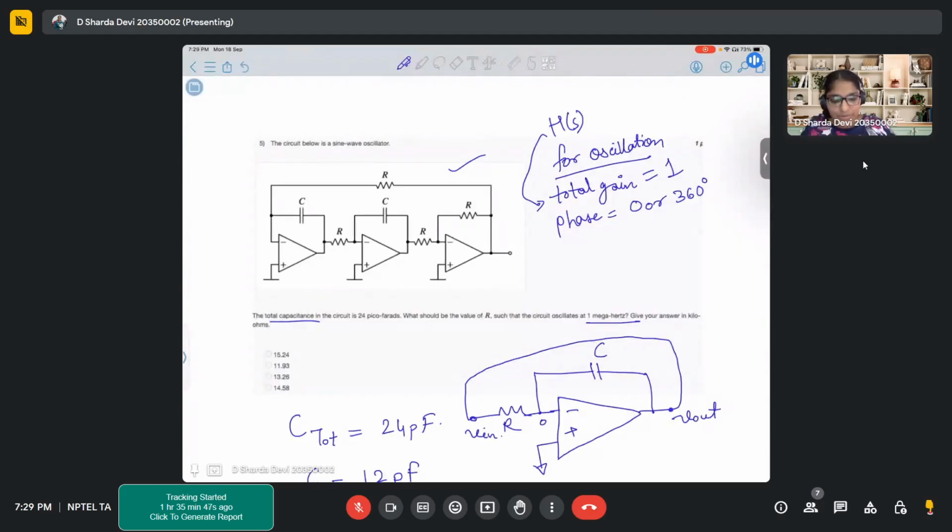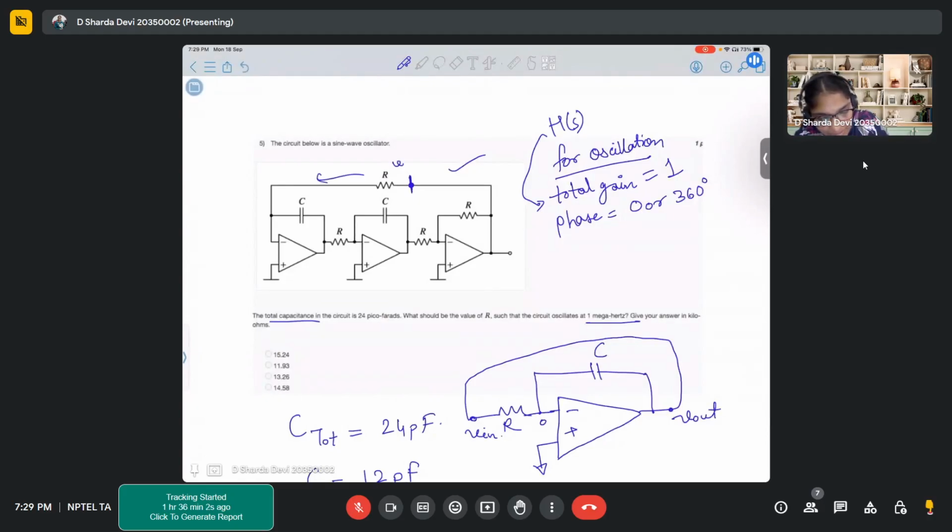Okay. So there is a feed forward and a feedback path. Let's say I'll break my circuit from here. So here the feed forward path will be like this, right?